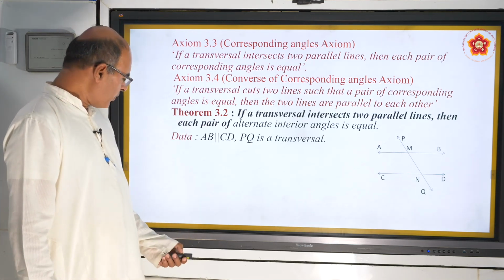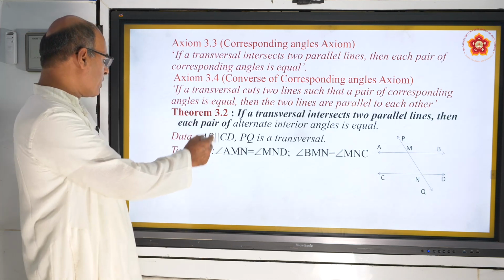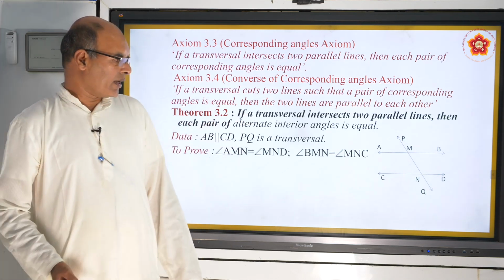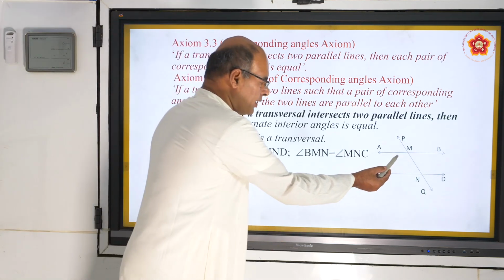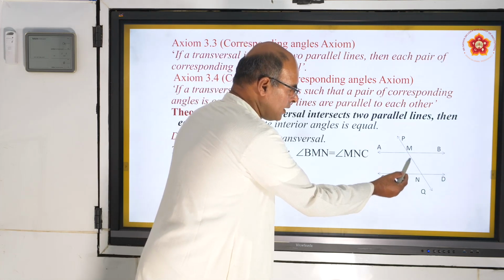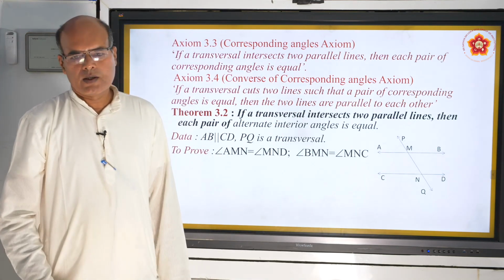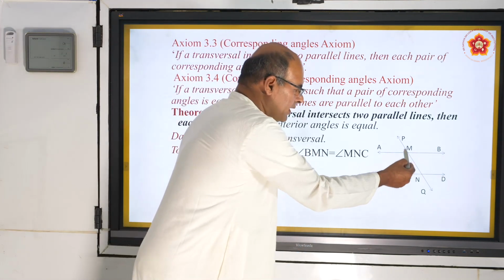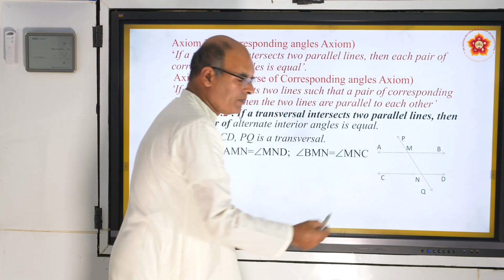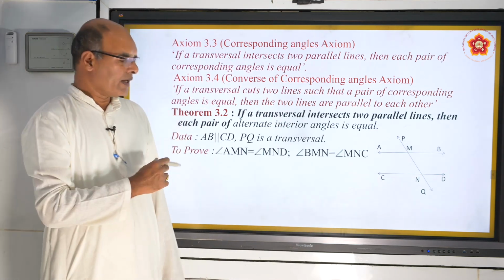Then we write what we have to prove, the conclusion part: each pair of alternate angles is equal. Here the alternate angles are angle AMN and angle MND, Z-shape angles, one pair. Another pair is angle BMN and angle MNC. We have to prove that they are equal.